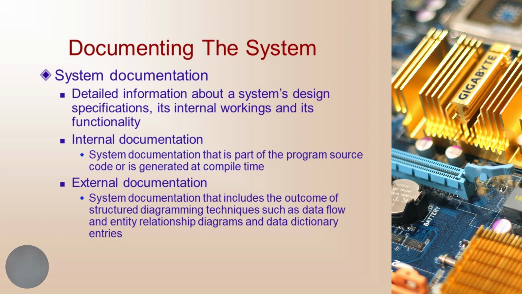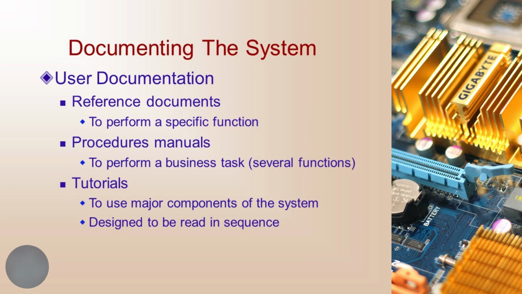For external documentation, we have system documentation that includes the outcome of the structured diagramming techniques, such as data flow and entity relationship diagrams and data dictionary entries. For user documentation, we have reference documents to perform a specific function, procedures manuals to perform a business task or several functions, and tutorials to use major components of the system, designed to be read in sequence.